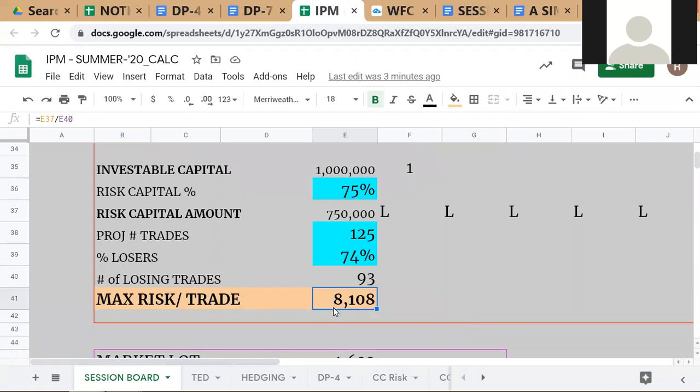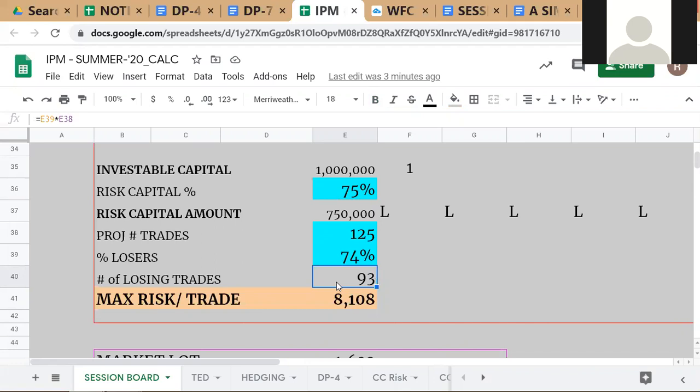The logic for deriving maximum risk per trade by dividing the risk capital amount by the total number of losing trades. Okay, the logic obviously is that even if the worst thing that can happen is, let's say our projections are correct, that means we are going to have 93 losing trades in this trading period, say 1 year.